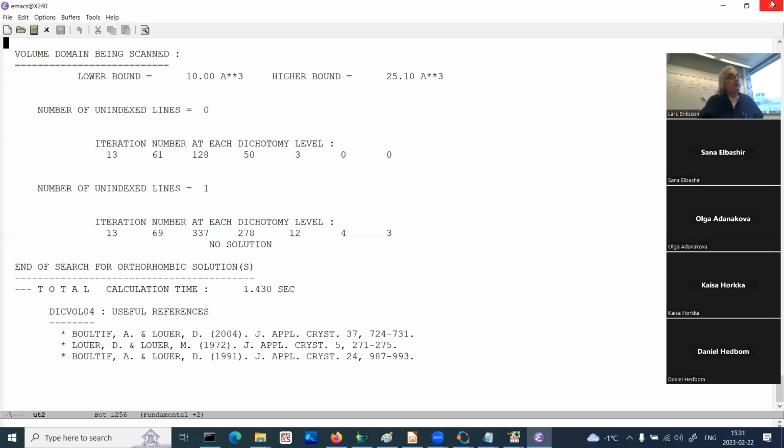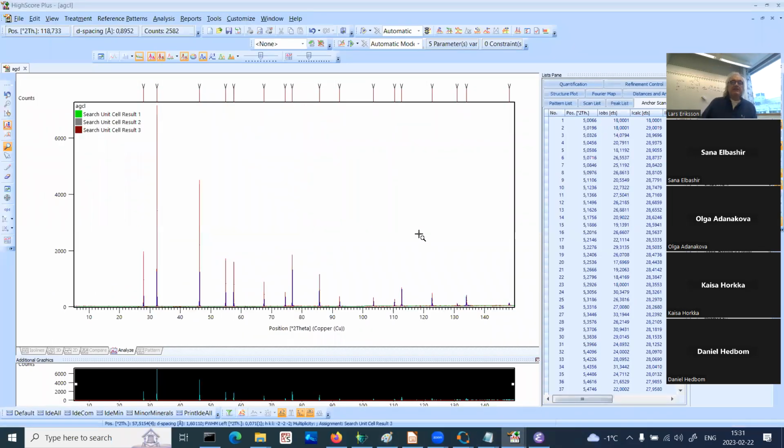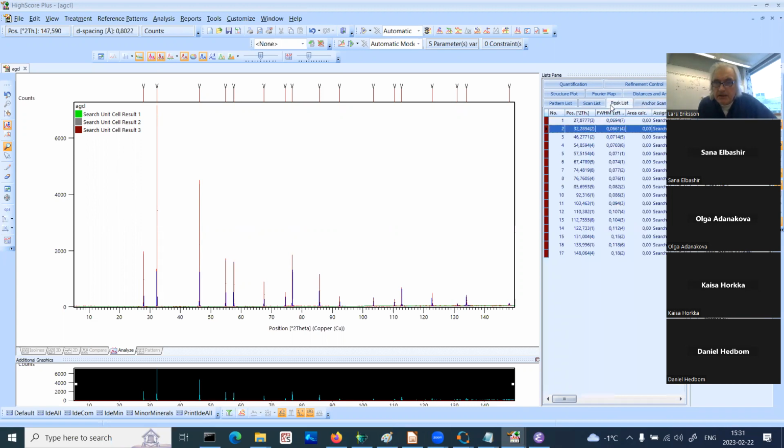In High Score, you will find, we can have a look at that. Here is the fitted position to theta. Anchor peak list.